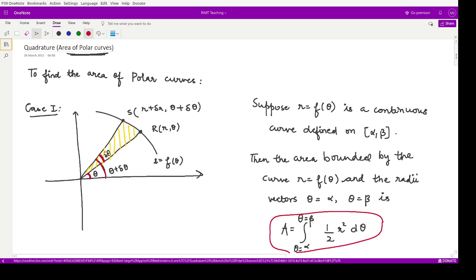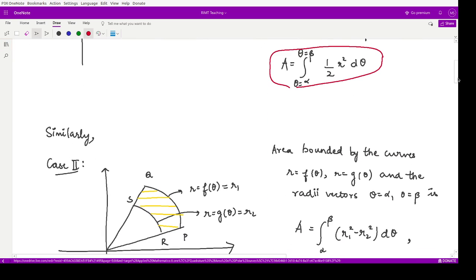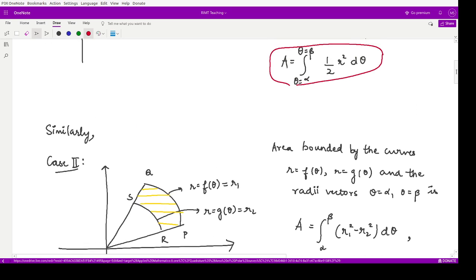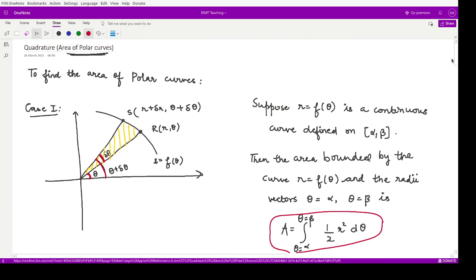Right? And suppose we have another situation. We have these two cases here in the polar curves. First one is that we are to calculate the area of this kind of sector. This is one sector, right? So here what is changing?